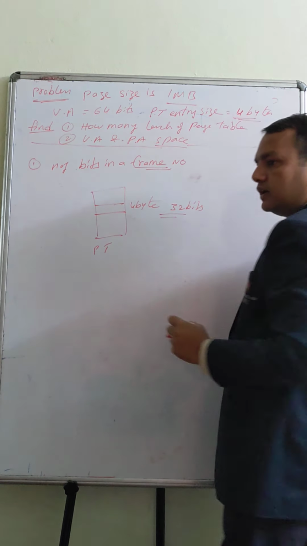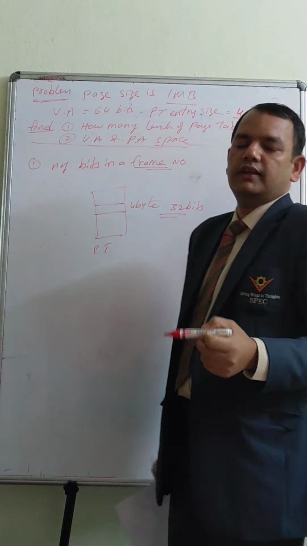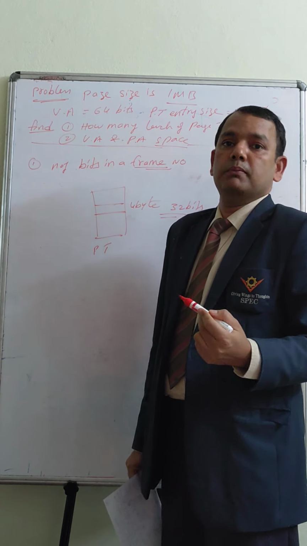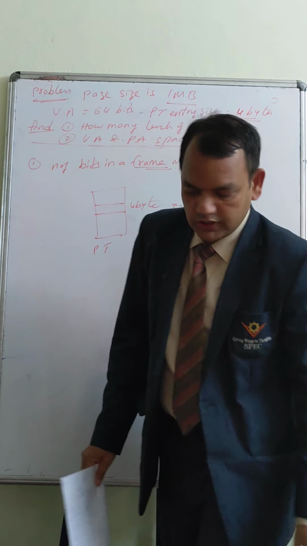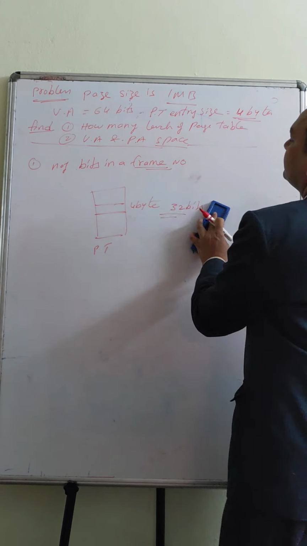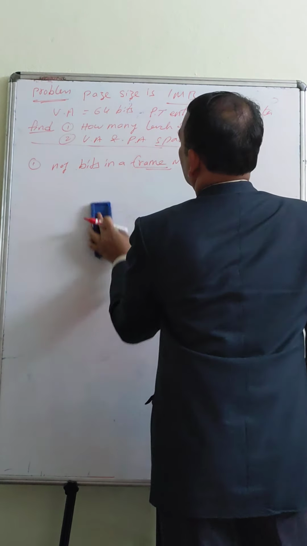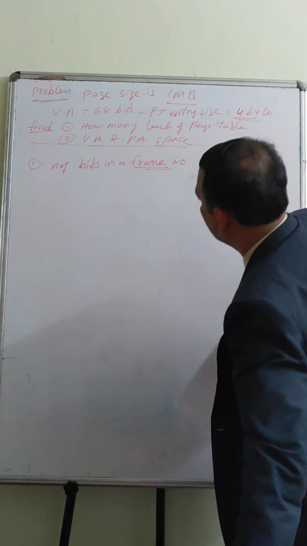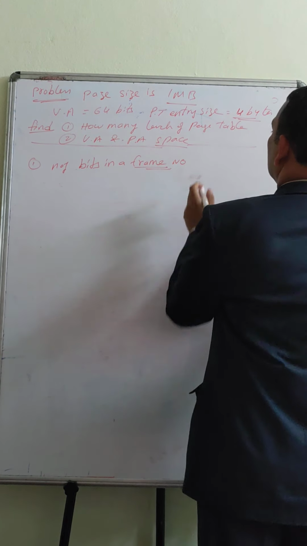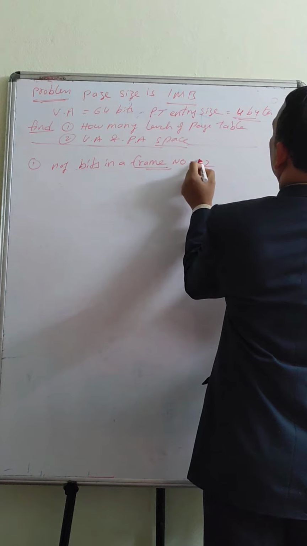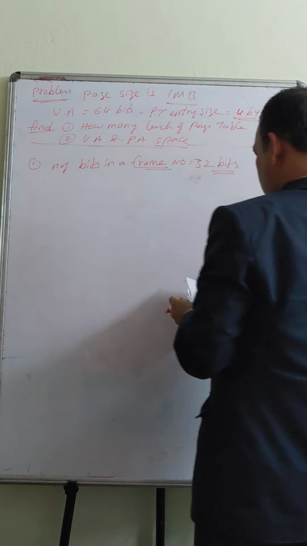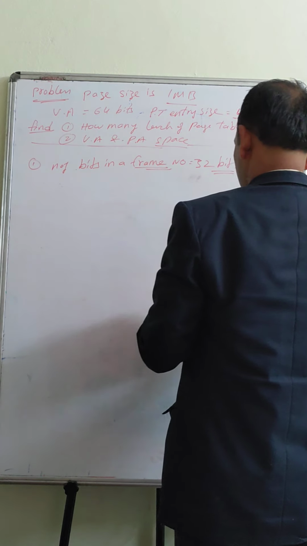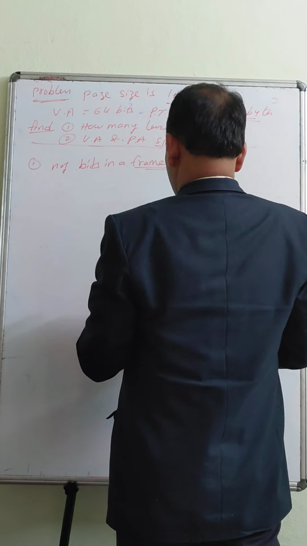So page table entry means indirectly frame number. Frame number requires 32 bits. That is given, indirectly understood. So the number of bits in a frame number is equal to 32 bits.